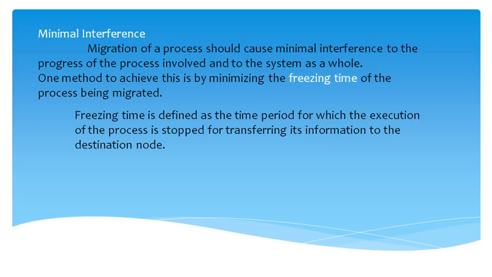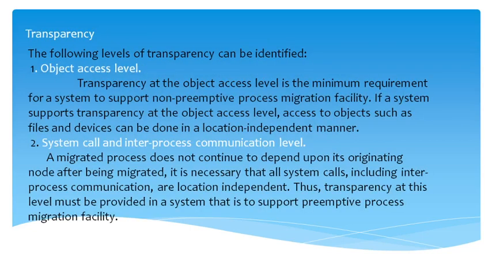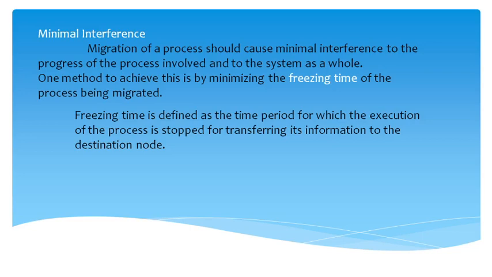The user should not know whether it is a local process or a remote process. That is the transparency we need to achieve in a distributed system. Here also it should be independent of the particular location, and all the system calls should also be independent of the migrated process's originating node.